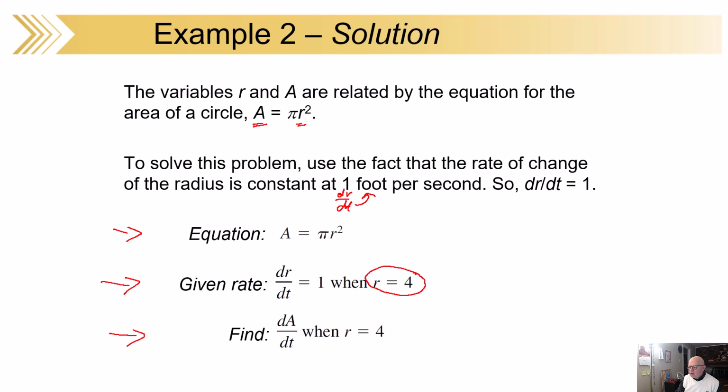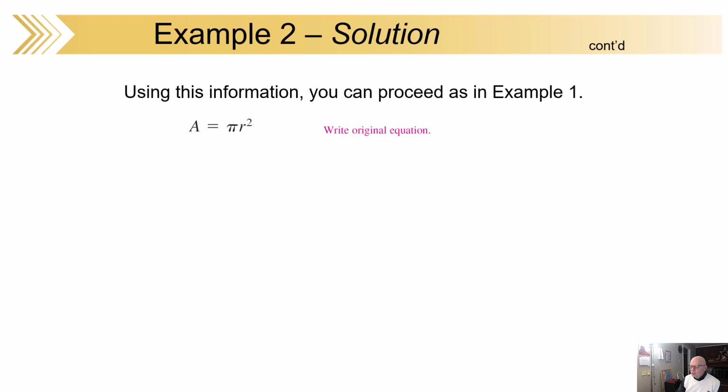You might write those down as steps, which will go into your head eventually, but here's the equation we're going to be using, the reference equation. Here are the pieces we have given or that we know, and this is what we're looking for. There's our original equation.